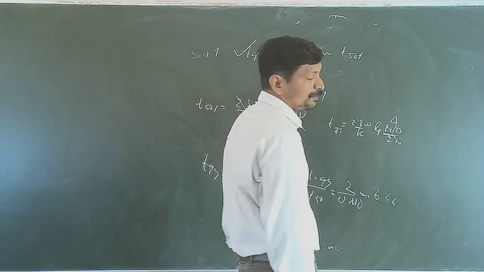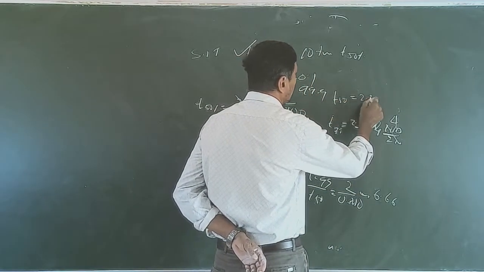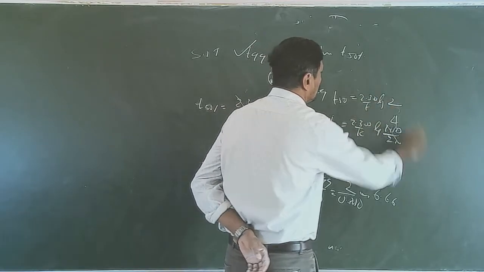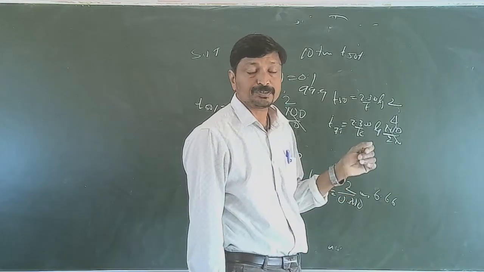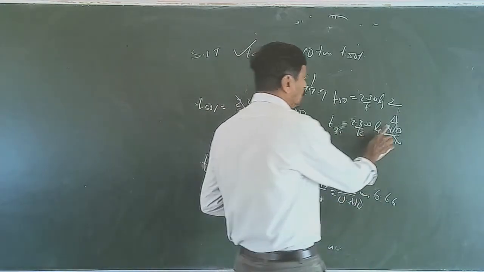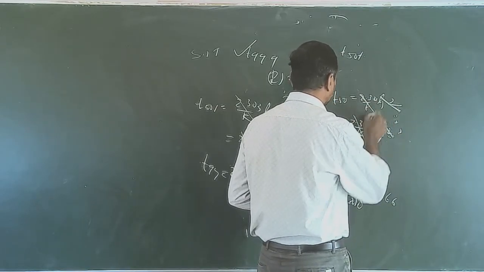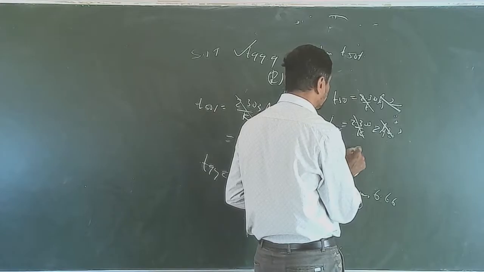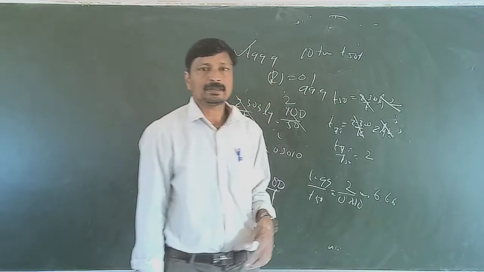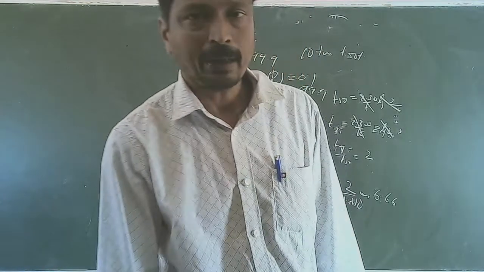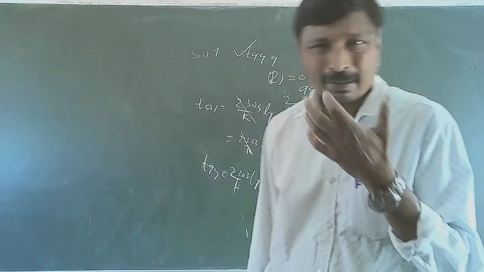T 50% is equal to 2.303 by K log of 2, and for 75% it is log of 4, which is 2 log of 2. So log of 2 gets cancelled. T 75% by T 50% is equal to 2. That means T 75% is 2 times T 50%. So, these things you are able to calculate.